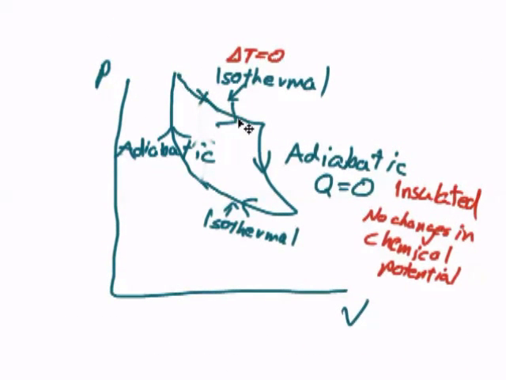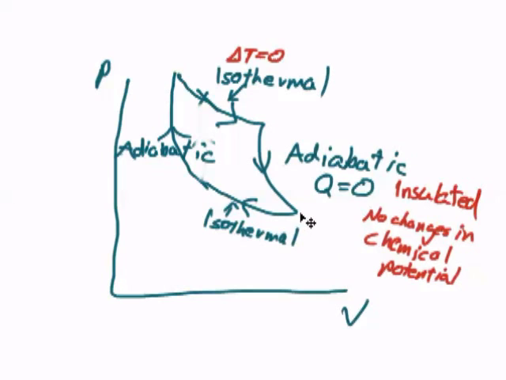This is the isothermal expansion. Notice volume is increasing. The adiabatic expansion, still volume is increasing. And the isothermal compression and adiabatic compression. Now, work is done on the environment at high pressure here in the isothermal process and the adiabatic process.